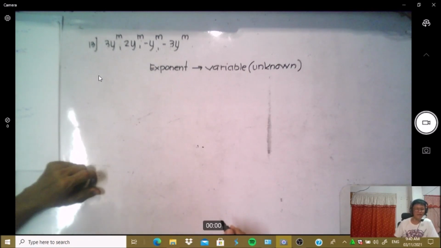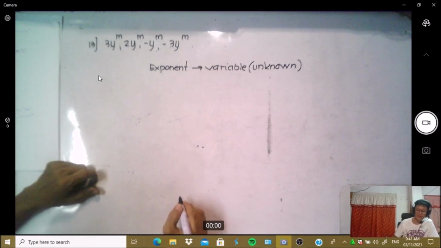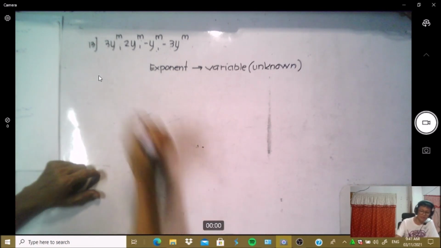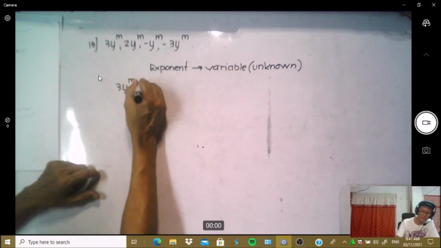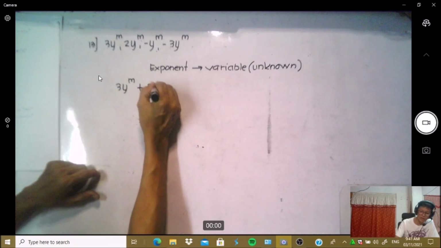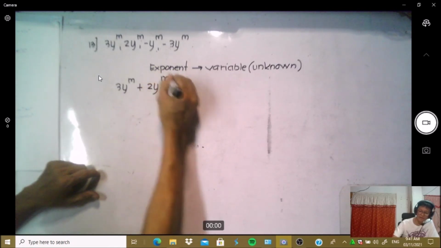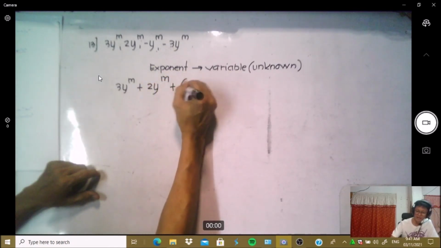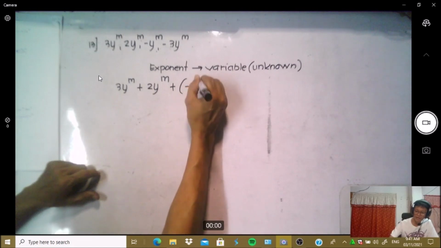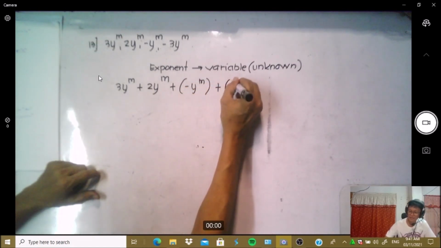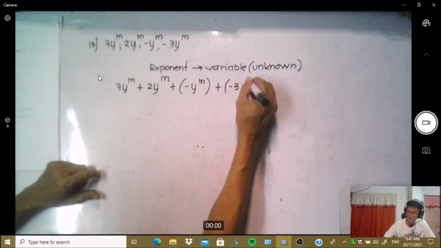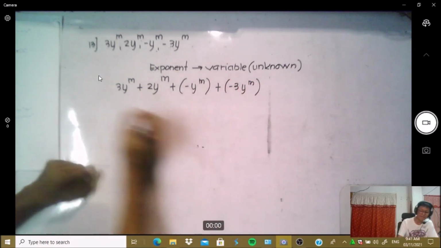So we have to do the same for the exponent. We are just going to copy that one, so we are going to add the coefficients. So we have 3y raised to m plus 2y raised to m, then plus negative y raised to m, then plus negative 3y raised to m.